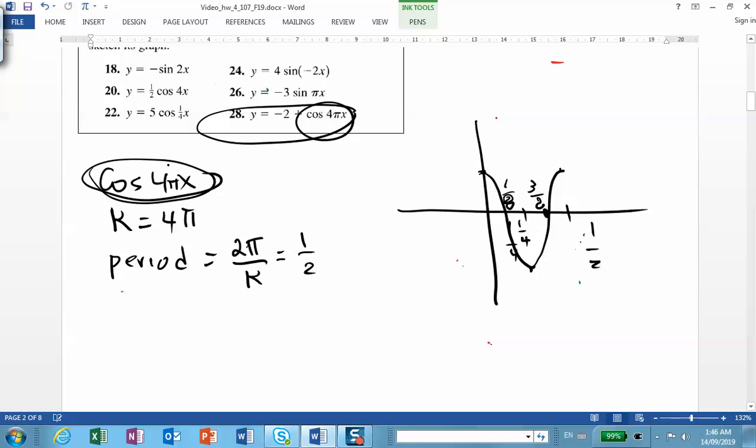Now I have to add -2 to it, so shift everything down by 2. So this was +1, this was -1. Let me try it here. This point that's up here, if you shift it down by 2, it's going to end up right there.